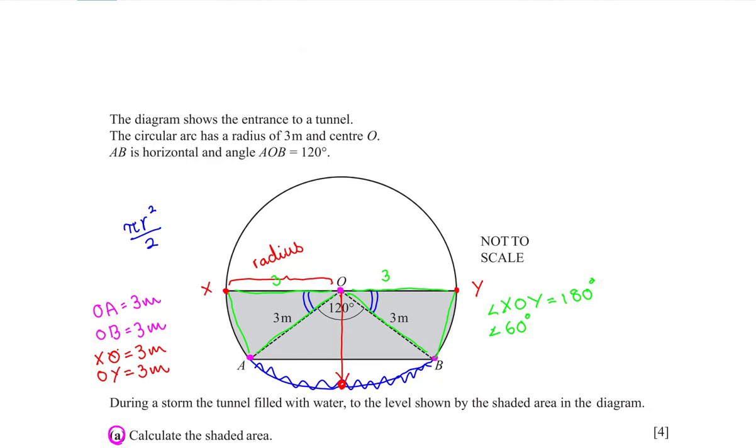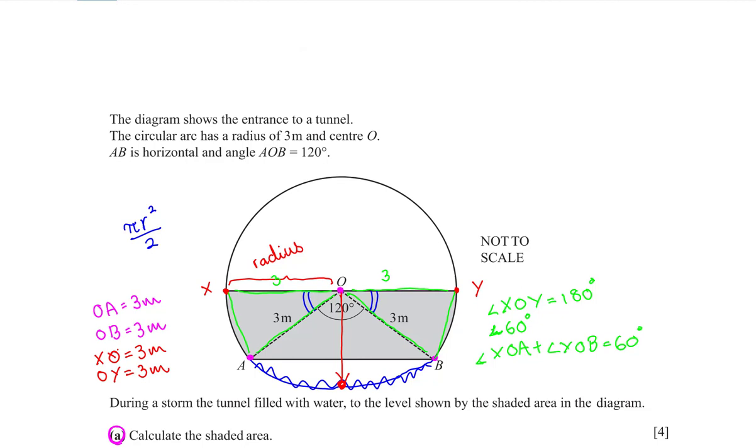Due to that, the angles will be equal, so angle XOA plus angle YOB would give us 60 degrees.